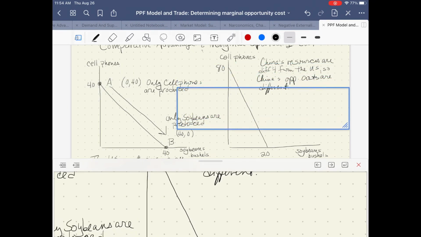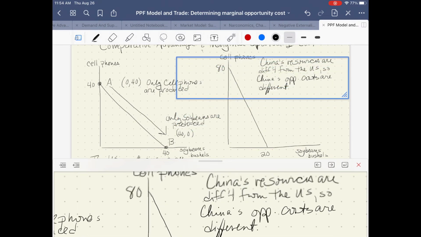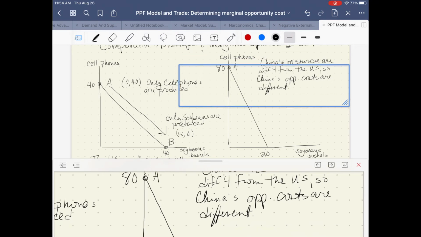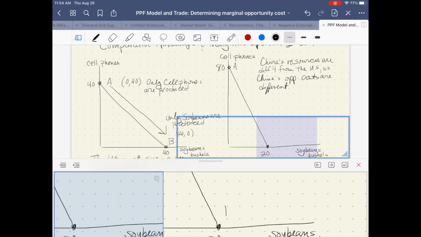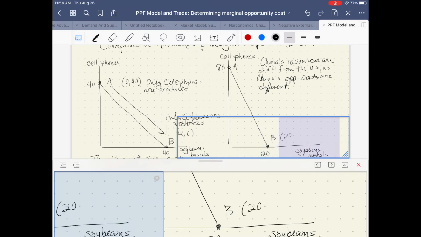When we calculate opportunity costs in China and look at the same specializations, China specializing in cell phones means that they can produce 80 cell phones. If they gave up all 80 cell phones, they would be able to produce only 20 bushels of soybeans.